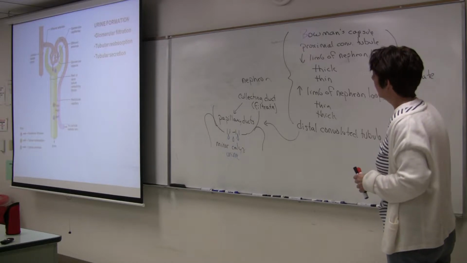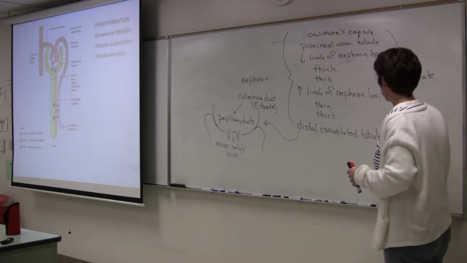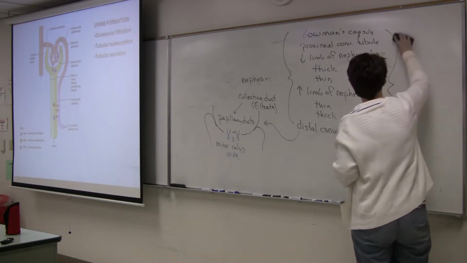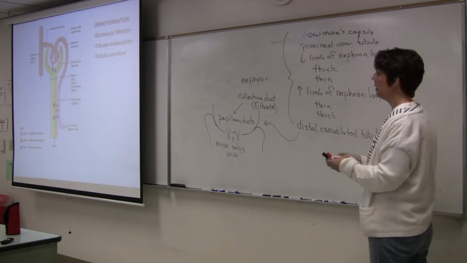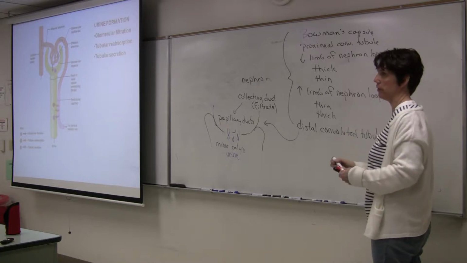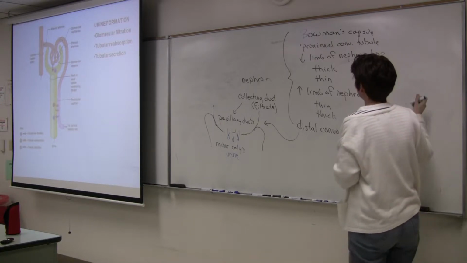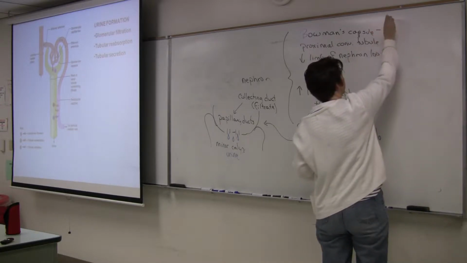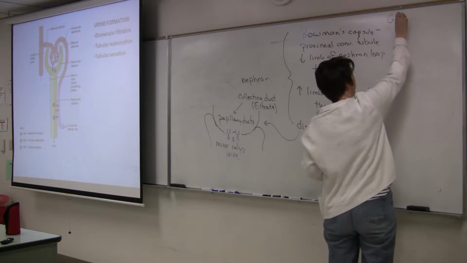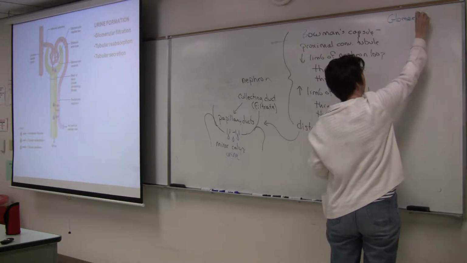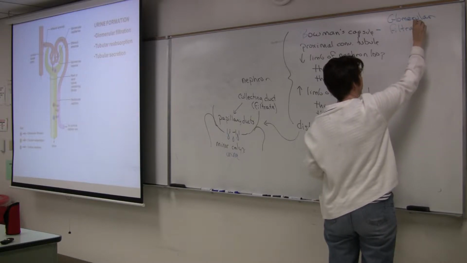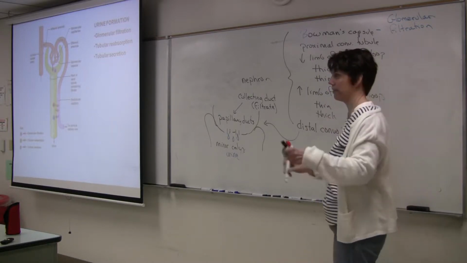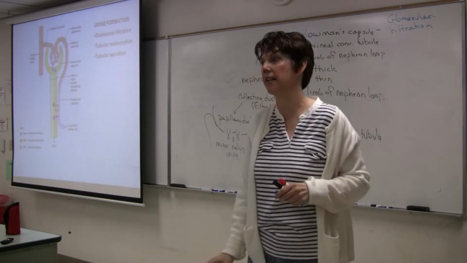Okay? So the 3 stages by which urine is formed is, first of all, the formation of filtrate. Okay? So that occurs across the glomerular capsule. Glomerular filtration. We don't have any other kind of filtration. All right? So it's not like there's tubular filtration or anything else.